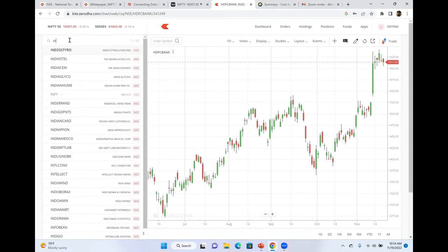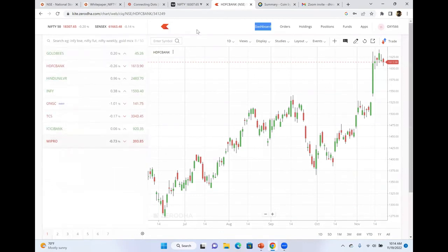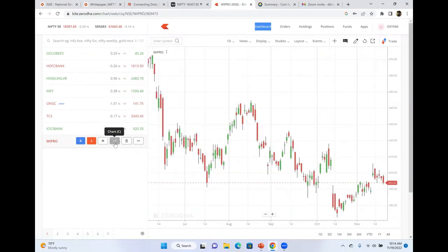Let's say I want to change to Wipro. So I add it to my watch list, and in the watch list, I click on that symbol. I can see buy, sell, market depth, and this graph kind of thing is the chart. This is one way of reaching there. So I can see this is the Wipro chart.